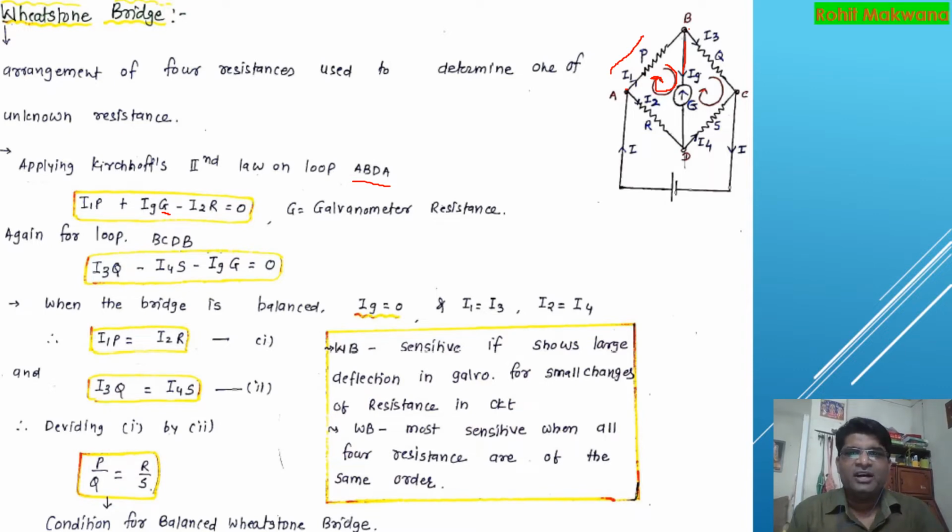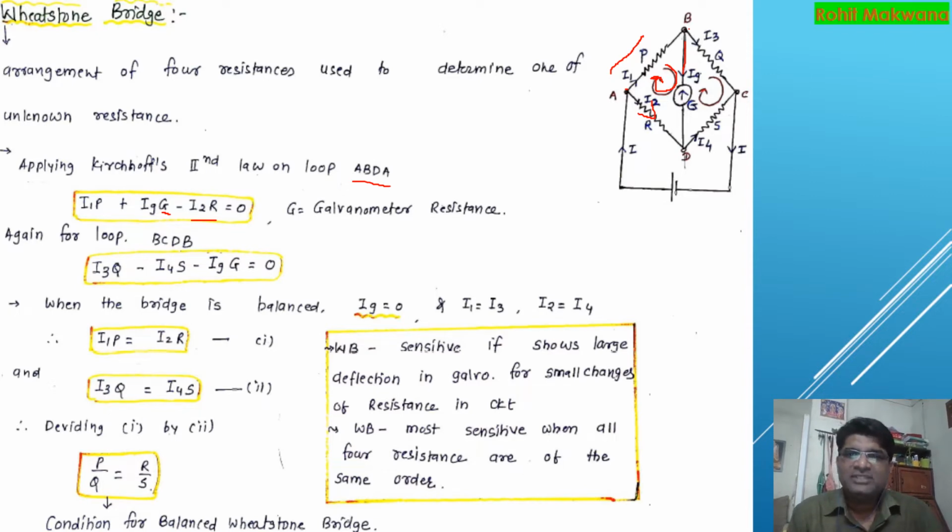Okay, now when you go from the arm D to A, the current is coming towards you. You are going anti-clockwise, but I2R is anti-clockwise, so it will have to suffer, and it comes with a negative sign. So I2R here has a negative sign. Is that clear? So you have applied the Kirchhoff's rule in this loop ABDA.